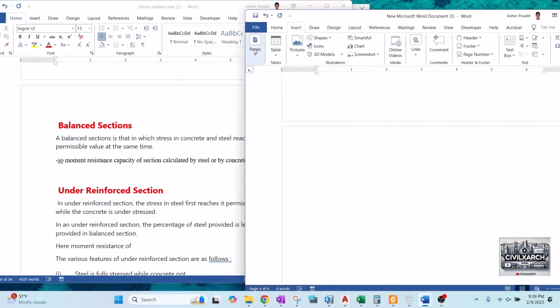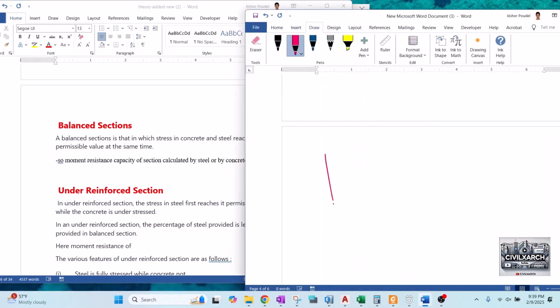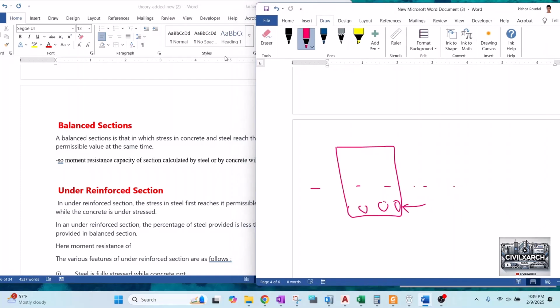So we know that this is the section, and for example this is the neutral axis, and we have 3 reinforcement bars at the bottom. When the load applies here, we know that it bends, and this bottom steel will be activated.